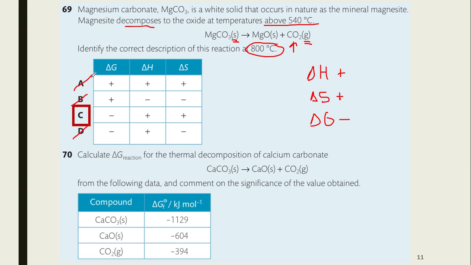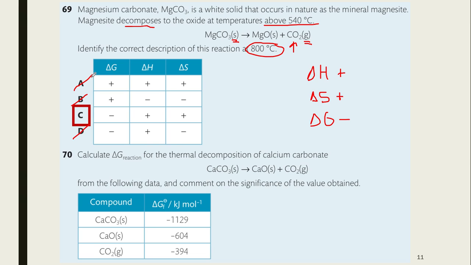All right, 70, calculate delta G for the thermal decomposition of calcium carbonate. Okay, we did this exact same problem before, but we were using the delta H and the delta S values.